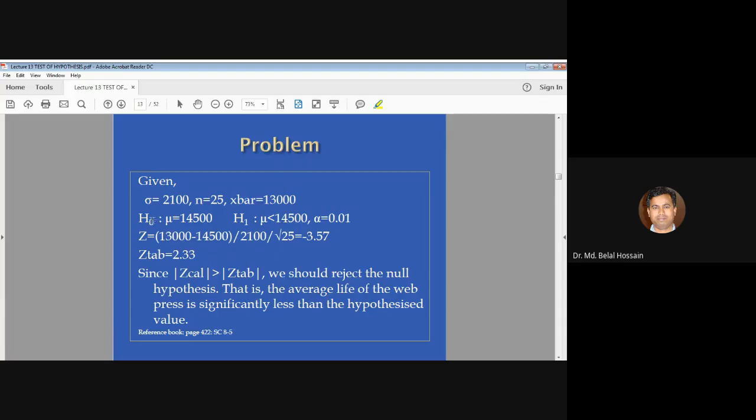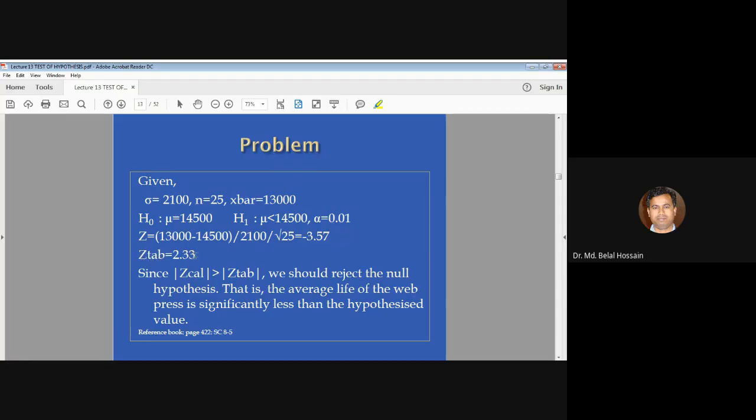First thing, you have to set a null hypothesis, you have to set an alternative hypothesis, then you have to calculate the test statistic value, that is, they call it z calculated, t calculated, chi-square calculated, and so on. Then you have to find the tabulated value, based on the alpha value.